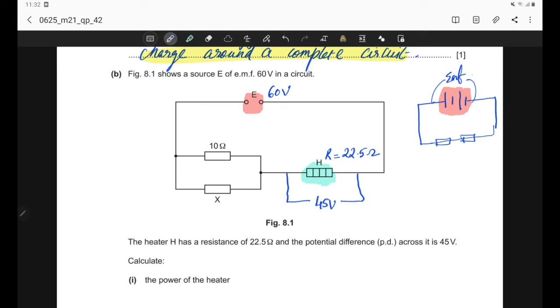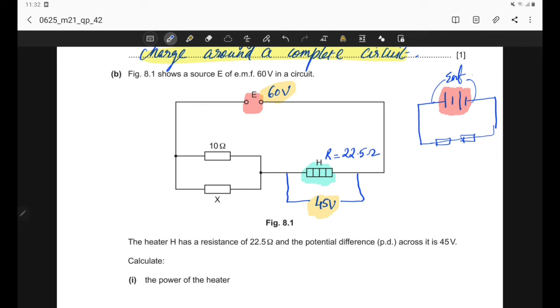So you should understand one important thing, that the total EMF is 60 volt, or the total energy supplied to the whole circuit is 60 volt. Out of 60 volt, the 45 volt is consumed by the heater, as the potential difference across the heater is 45 volt.